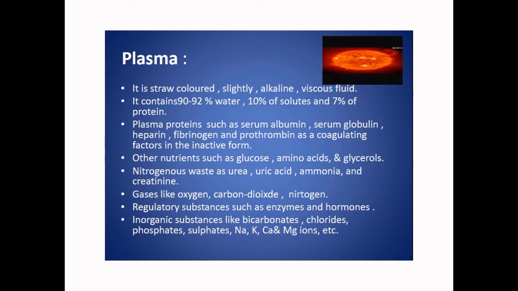Some regulatory substances such as enzymes, cofactors and hormones are also observed in the plasma. Then there are inorganic substances like bicarbonates, chlorides, phosphates, sulfates, sodium, potassium, calcium and magnesium ions, which are mainly responsible for activation of certain enzymes or cofactors.